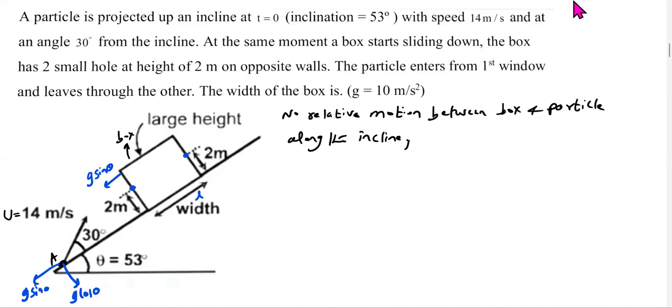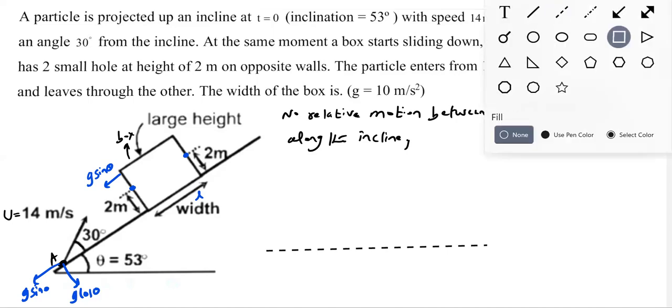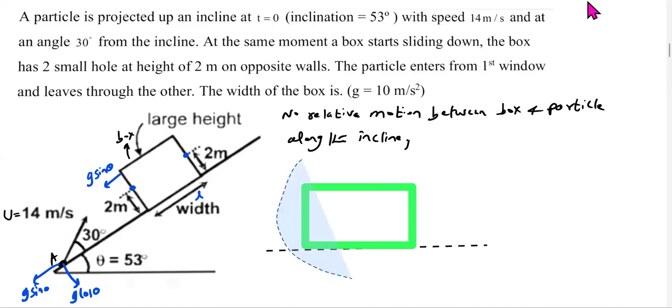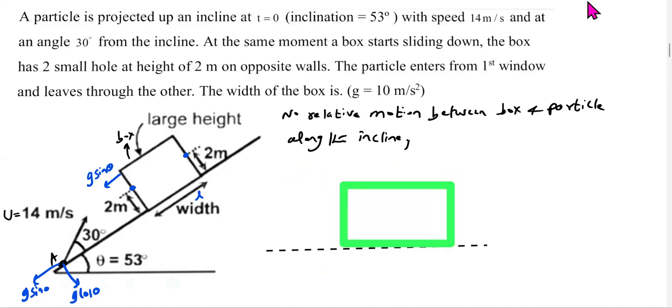What we are going to do is assume a box like this, and the acceleration here will be g cos theta.